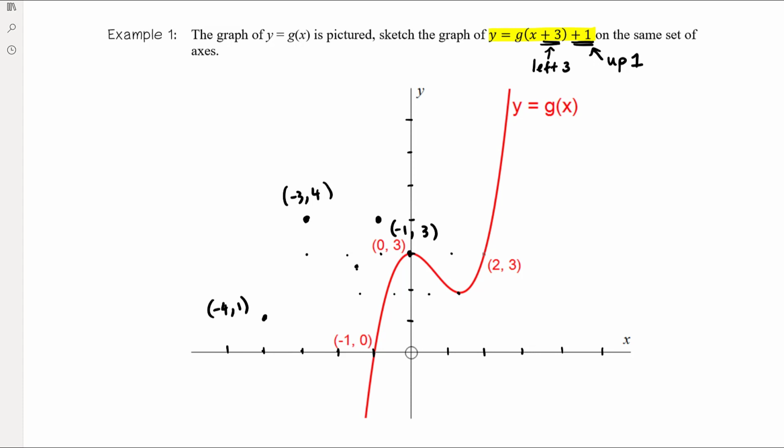It's going to go roughly somewhere here. And again, you might take another point and move it roughly across by 3 and up by 1, somewhere over here. Okay, and then hopefully we're going to draw in our shape, which is the original graph, left by 3 and up by 1. Okay, so this is y equals g of x plus 3 plus 1.